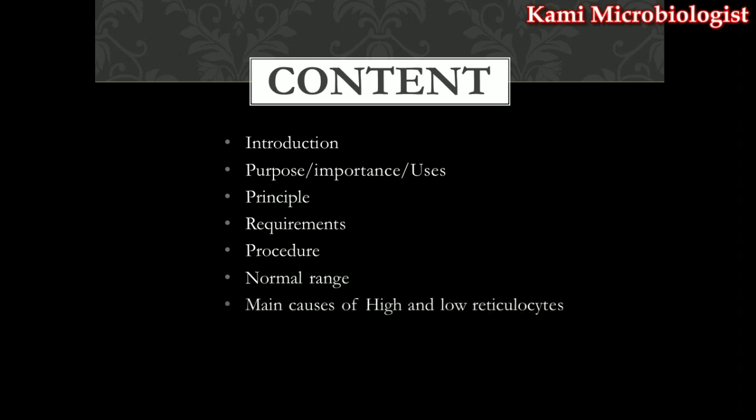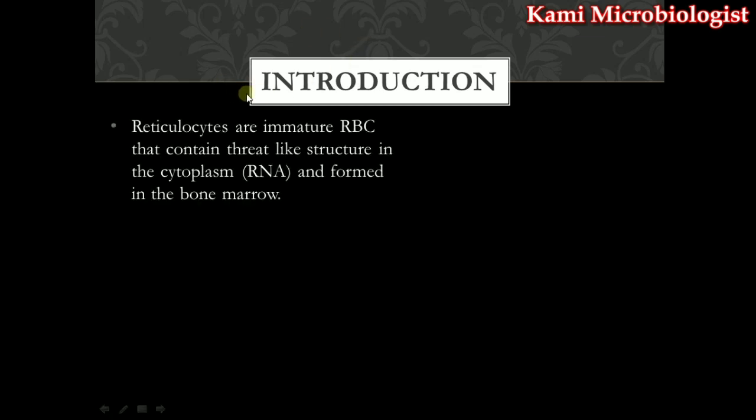Then we are going to see the main causes in which the reticulocyte count gets high and low. Now let's see the introduction. First of all, what actually are reticulocytes and what does reticulocyte count mean? Remember guys, reticulocytes are nothing but the immature form of the RBC.